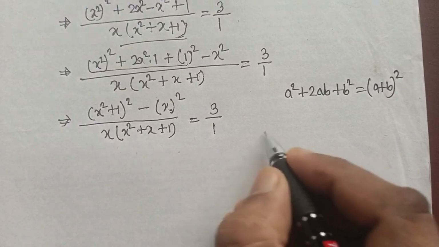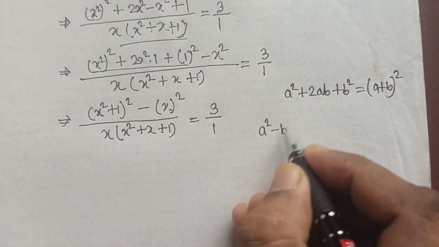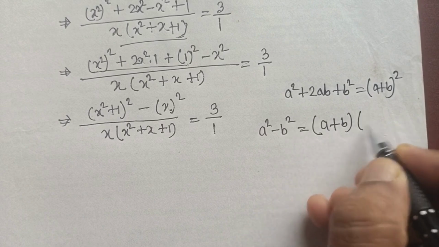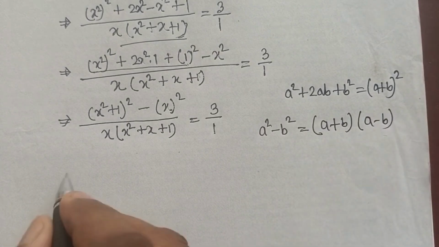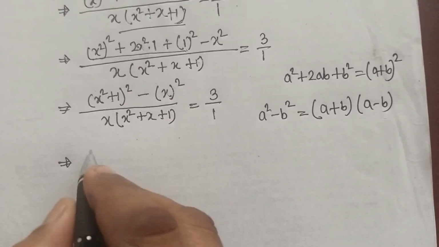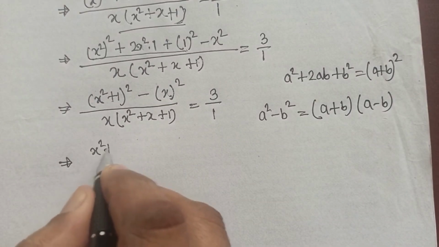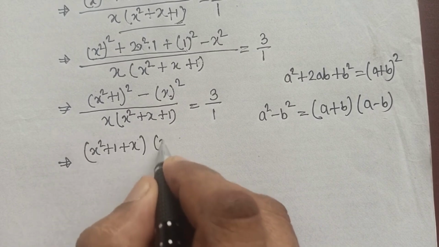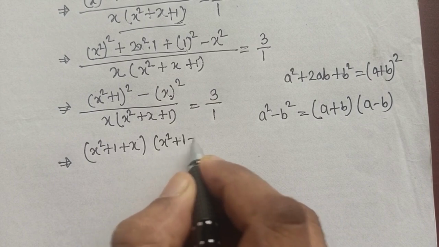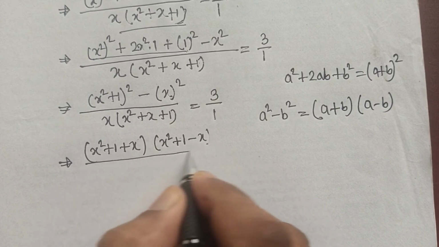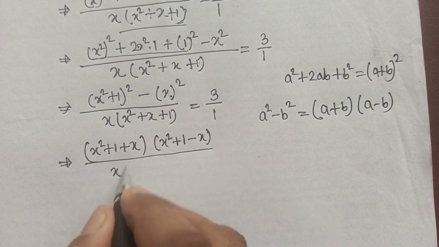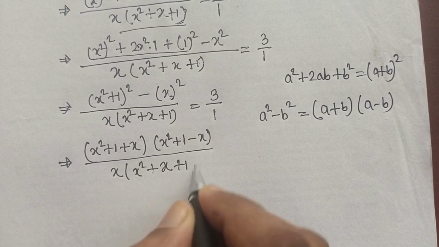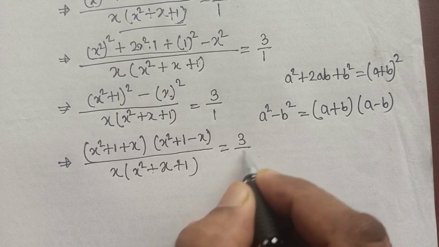Now we know the formula a^2 minus b^2 equals (a + b)(a - b). So we can express this as (x^2 + 1 + x)(x^2 + 1 - x) divided by x(x^2 + x + 1), which is 3/1.